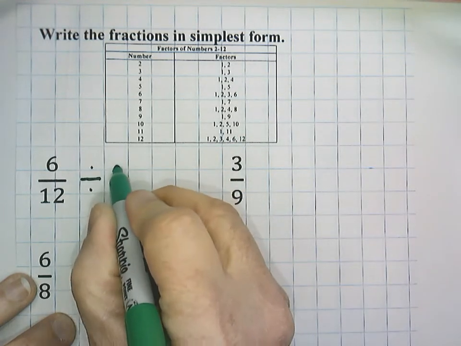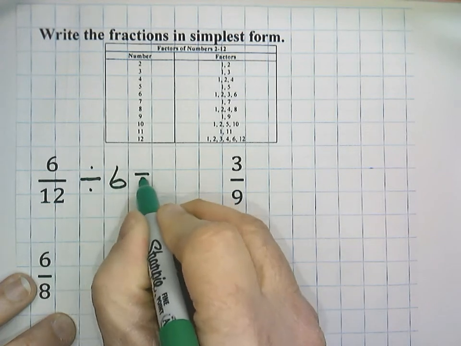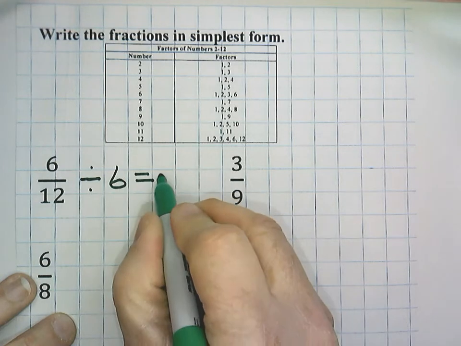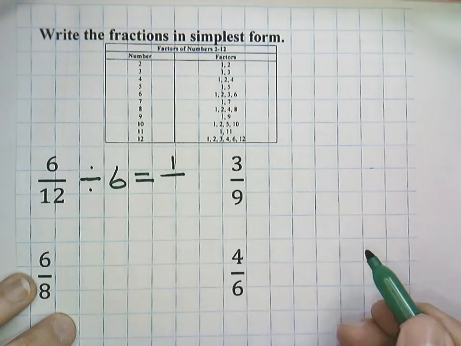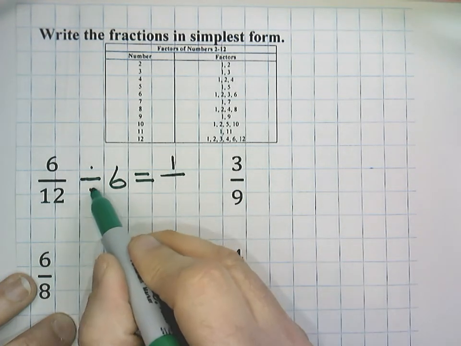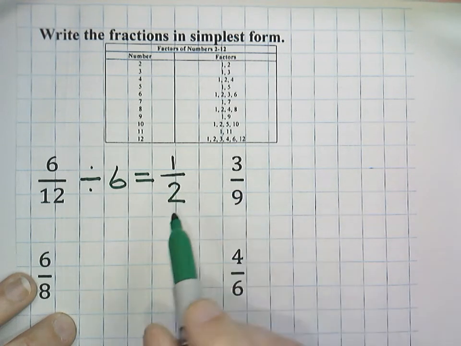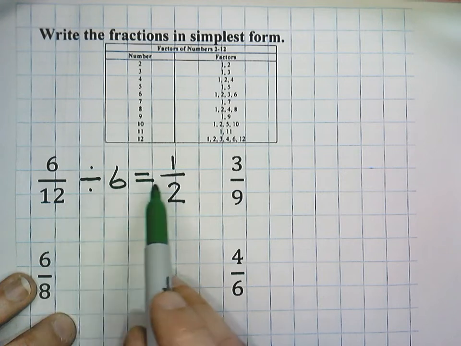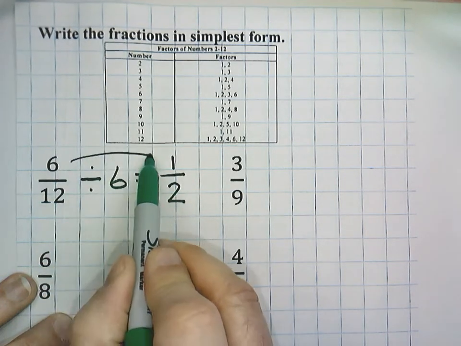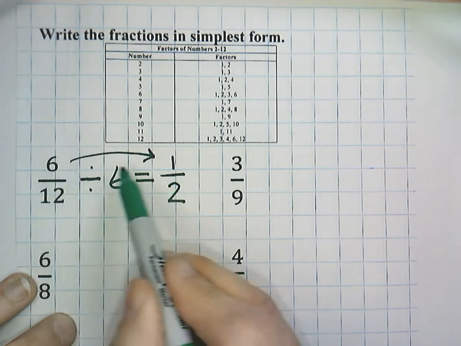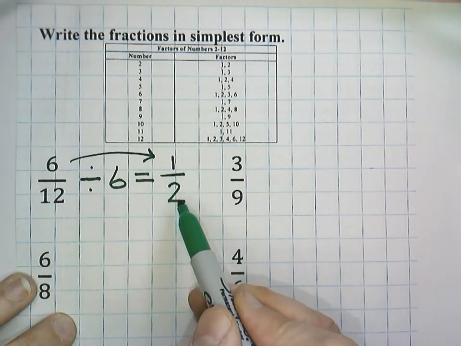So we're going to divide by 6. 6 divided by 6 is equal to 1. And 12 divided by 6 would be equal to 2. So 6/12 would simplify to 1/2. And you can see where the 6 got smaller and the 12. And that's what we mean by simplifying.